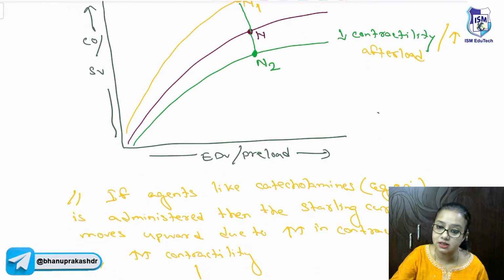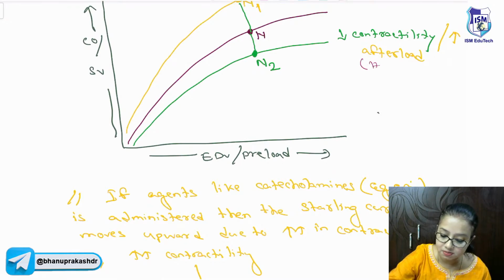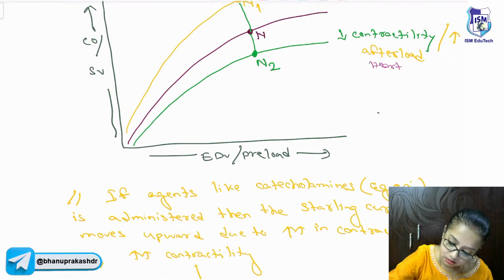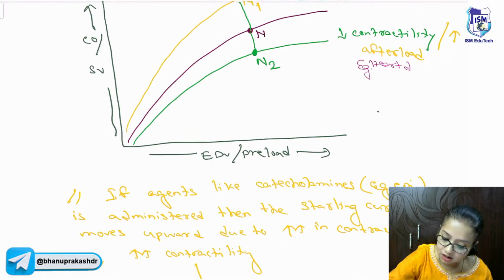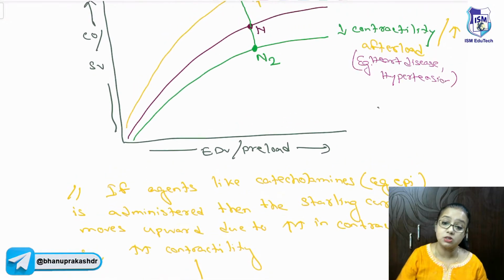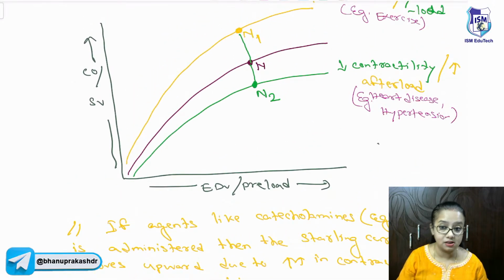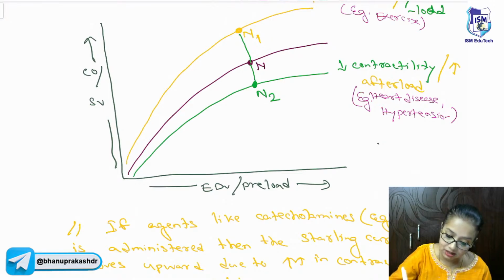Now, a condition when contractility decreases and afterload increases, examples are heart disease and hypertension. These are common examples. Now, in case of cardiac failure, heart failure, what actually happens?